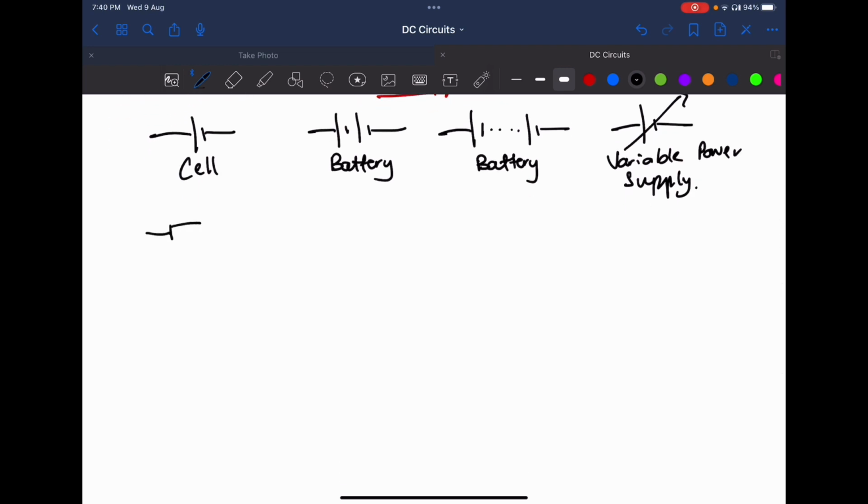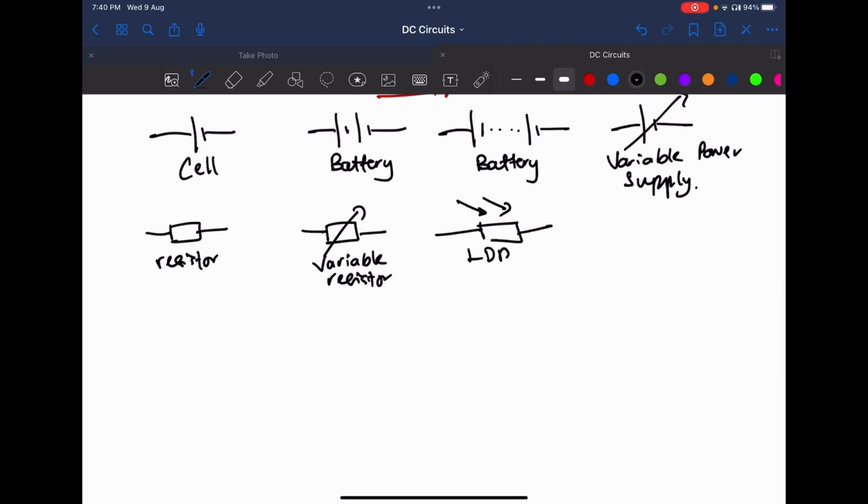Okay, and this is a resistor, variable resistor, light dependent resistor, LDR, and this is a thermistor.